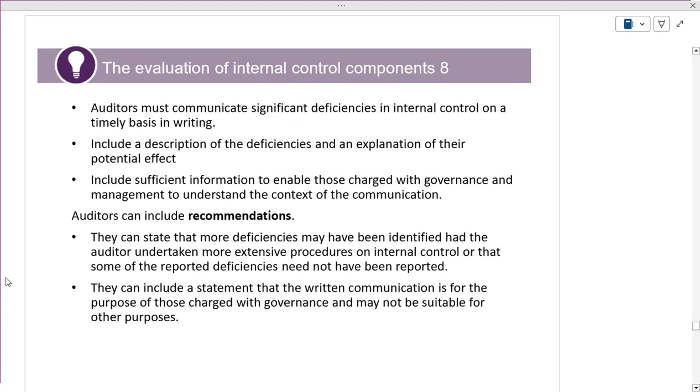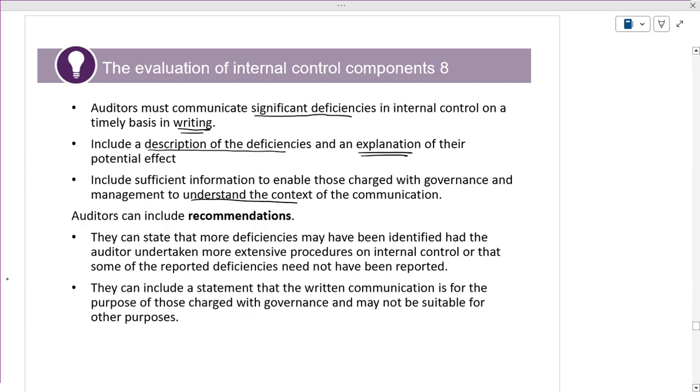Now, what it says: the auditors must communicate significant deficiencies in writing. It includes a description of the deficiencies and an explanation, with sufficient information for those charged with governance to understand.